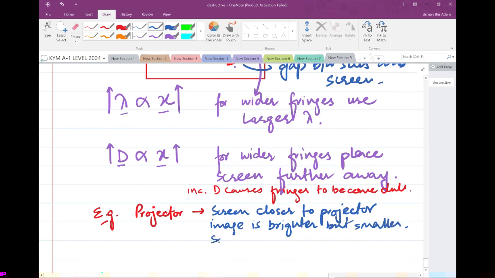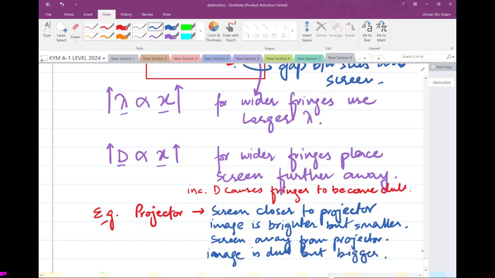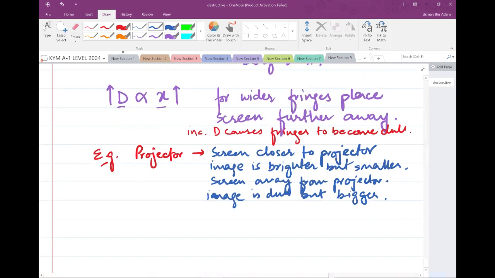And when the screen is away from the projector, the image is dull but bigger. This is exactly what happens in the case of bright and dark fringes. If you keep the screen closer, the fringes are brighter. If you keep the screen further away, the fringes are dull, less bright, but the size becomes bigger. Are you with me so far? Yes. All right, that's great.